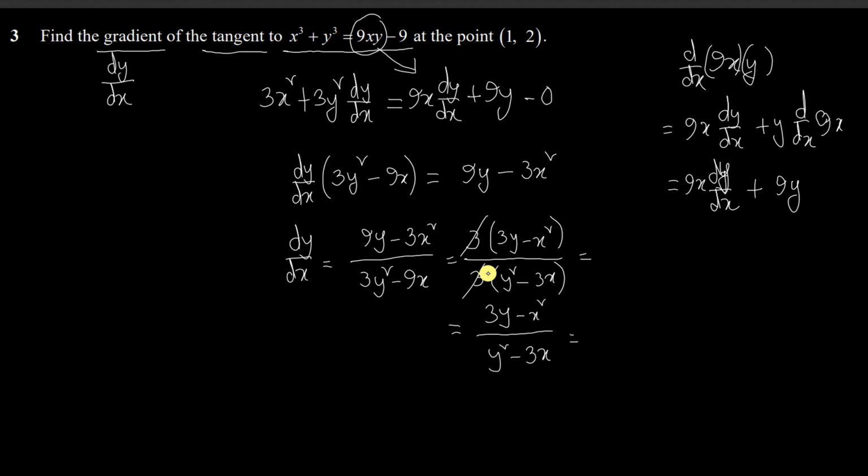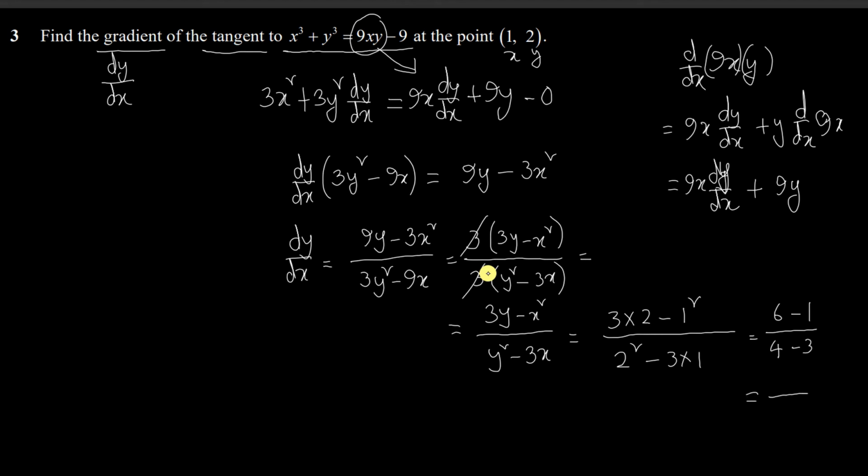Now we are going to put in our values of x and y together, then we can find the answer. The first value is the x value and the second one is the y value, as a coordinate, we know that. So 3 into 2 minus x squared, meaning 1 squared, and on the bottom it is 2 squared minus 3 into 1, so 6 minus 1 divided by 4 minus 3.